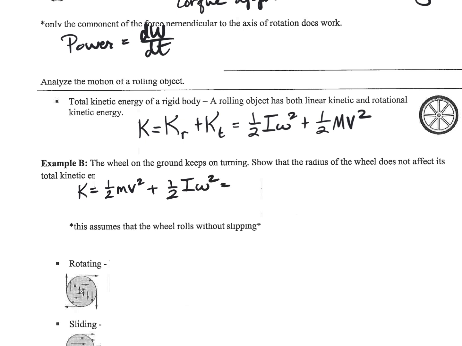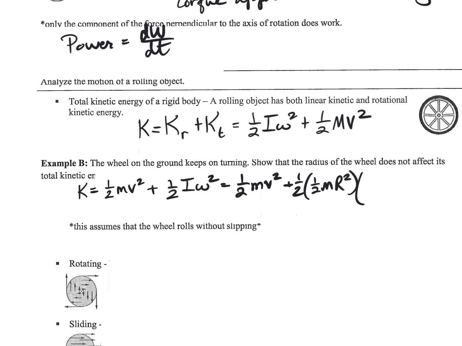For a wheel, for a cylinder, we could call the wheel a cylinder. I is 1/2 mr squared. So this becomes 1/2 mv squared plus 1/2 times 1/2 mr squared, and omega squared.